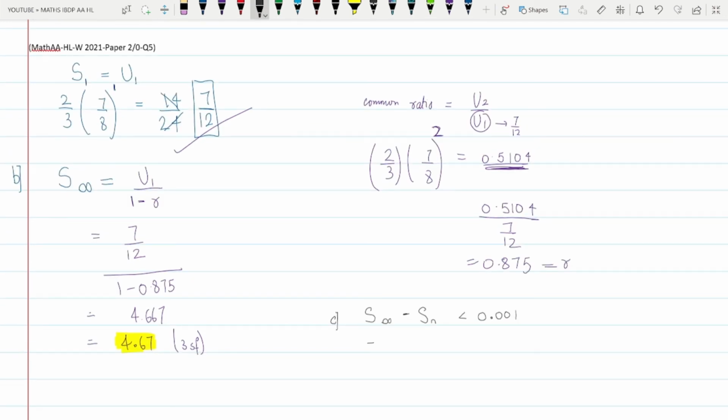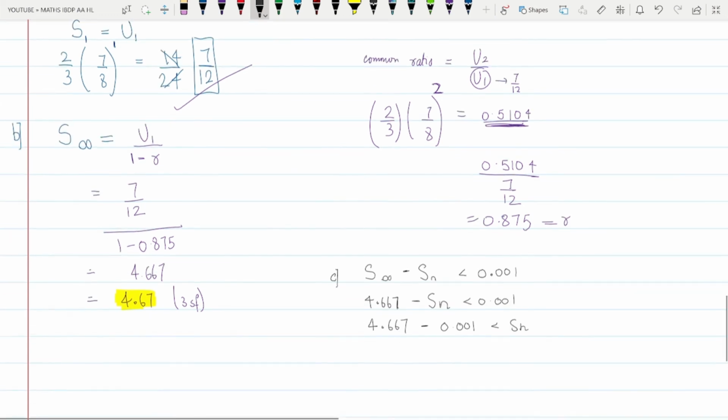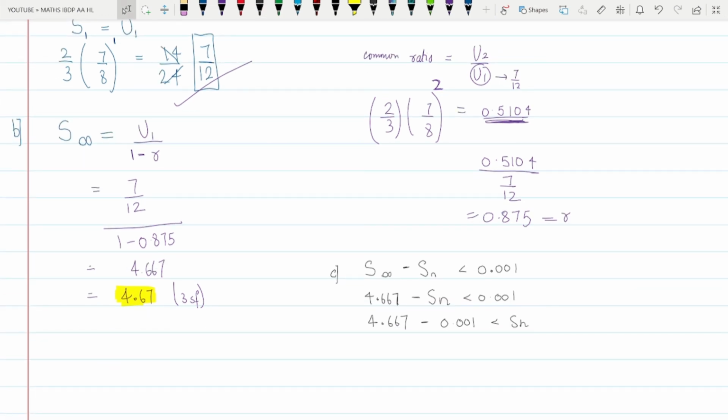S infinity is 4.667 minus Sn, which is unknown. So 4.667 minus 0.001 is less than Sn.